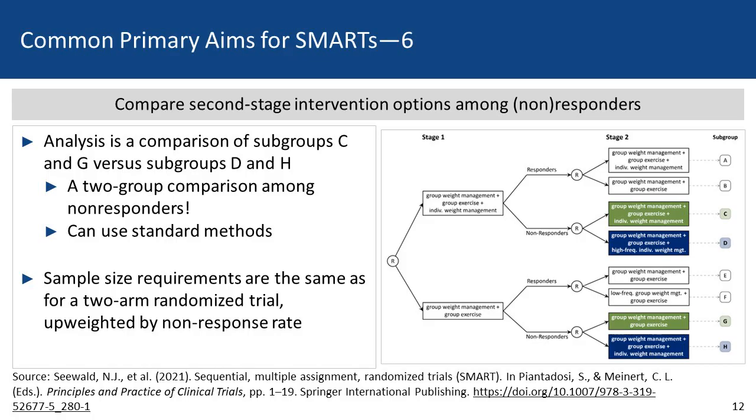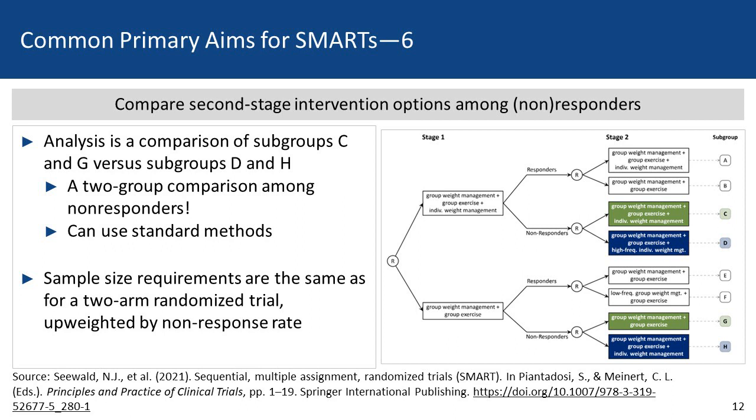As before, the analysis here is just a comparison of groups of subgroups. Specifically, I'm comparing subgroups C and G versus subgroups D and H. And this is, again, a two-group comparison just among my non-responders. So I can use standard methods to compare outcome information from these two groups and analyze my trial according to this.